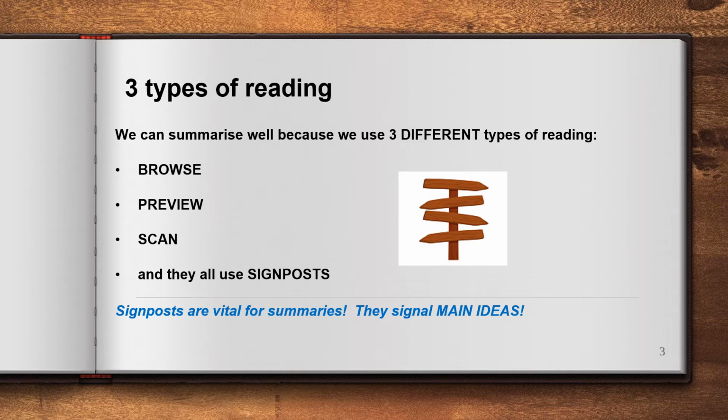So before we start reading, we actually preview the signposts on the page or on the website. And then when we're hunting for specific information, we scan looking for keywords. And every single one of these types of reading uses signposts. So signposts are vital for summaries because they actually signal main ideas.